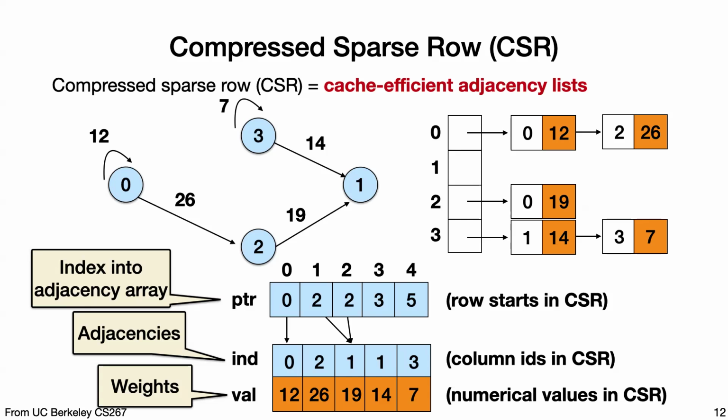Say you wanted to iterate through the non-zeros in row 0: you start in position 0 in pointer, you see that it starts at 0, you go here, and you read up to 2. So the non-zeros in row 0 are bounded between position 0 and position 2 in the index. More generally, if you want to read row i's non-zeros, you look at the start of row i, and the end of that is pointer i plus 1, not inclusive.